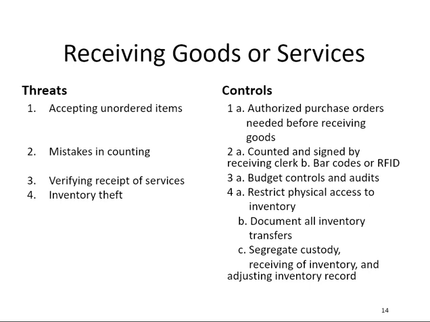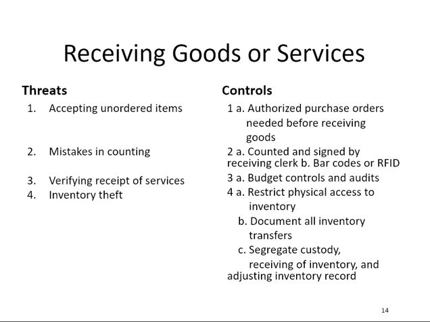So let's talk about the biggest threat: inventory theft. Right, to prevent employees from stealing inventories, we're going to restrict physical access to inventory. Only authorized persons can get access to inventory. We need to document all inventory transfers, even transfers between departments. For example, inventory transferred from the receiving department to the warehouse is documented, and from the warehouse to other departments is documented.